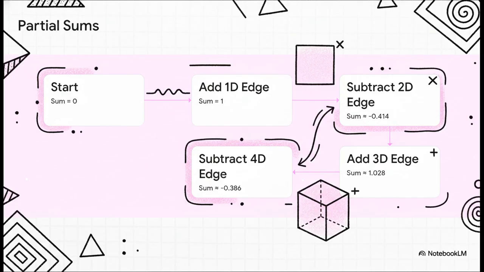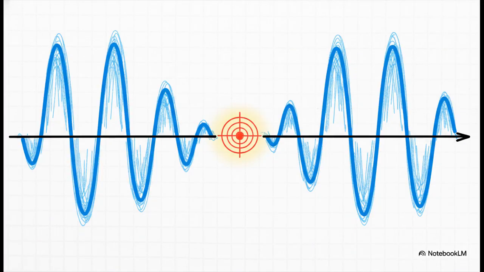Let's watch how this plays out. We start at 0 and add the 1D edge, which is 1. We're at 1. Then we subtract the edge of our 2D square, landing us deep in the negative. Then we add the edge of our 3D cube, which jumps us all the way back up past 1. Then subtract the tesseract's edge. I mean, it is a wild ride. But here's the really amazing part. Even though it swings all over the place at the beginning, this infinite push and pull starts to calm down.